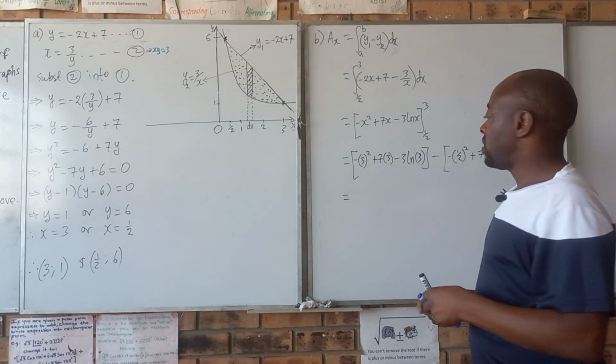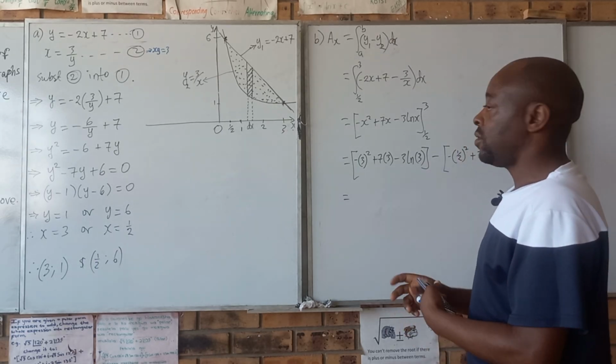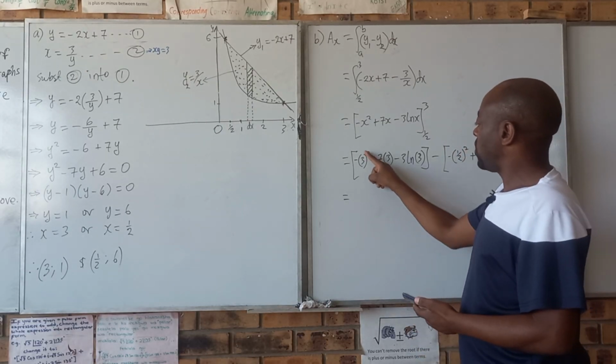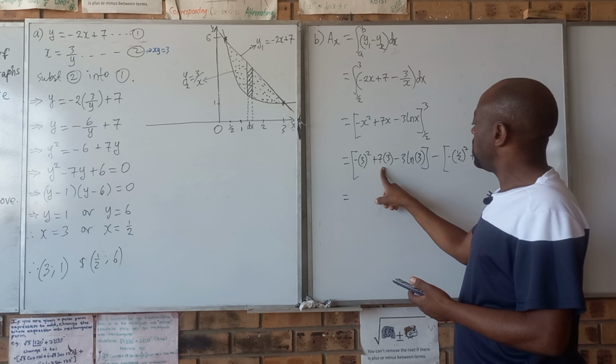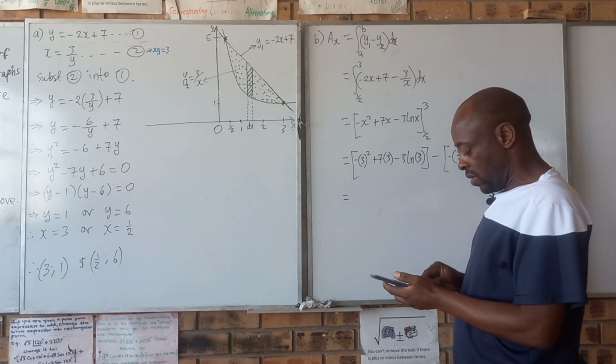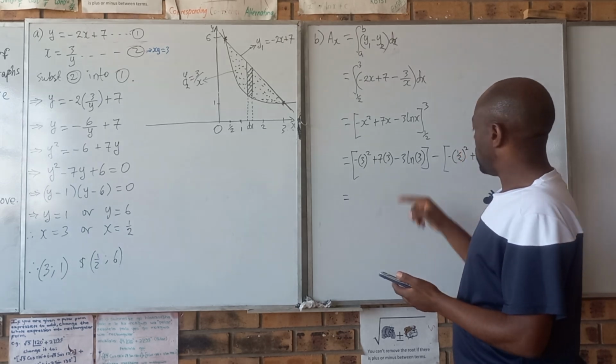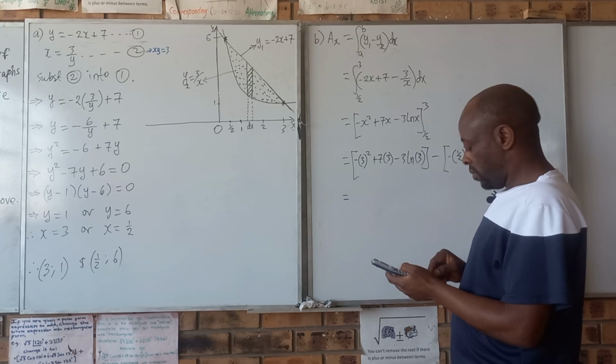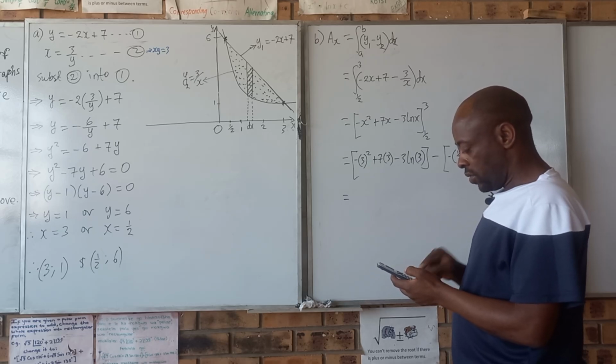Then the rest will come from the calculator. So I will try to go through my calculator. The first term here will give me negative 9 plus 21, so that's 21 minus 9, then minus 3 ln of 3. So that is it.